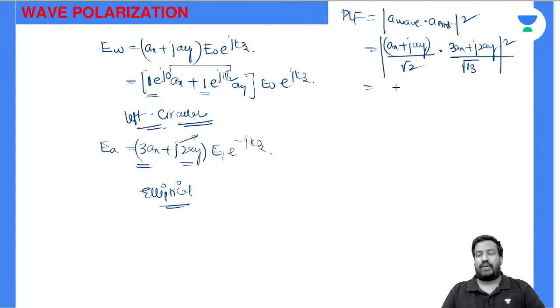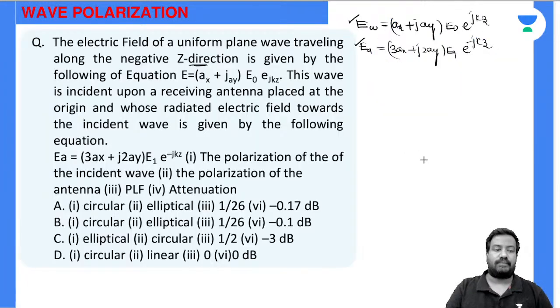This is 1 by root 26 whole square, 1 by 26. ax dot 3ax is 3, ax dot ay 0, ay dot ax 0, plus j into j square, minus 1, minus 2, whole square. Polarization loss factor is 1 by 26.